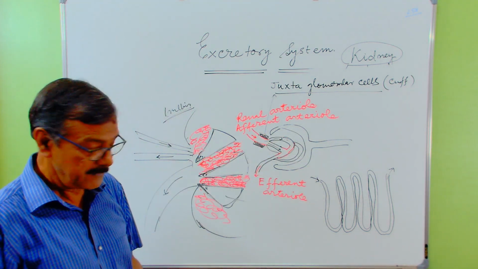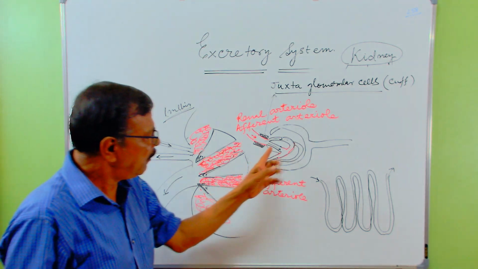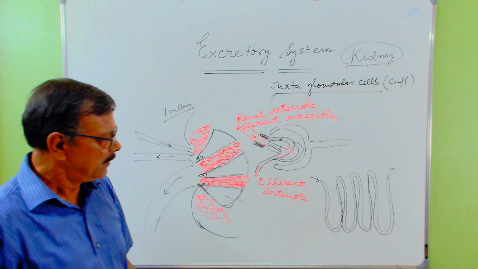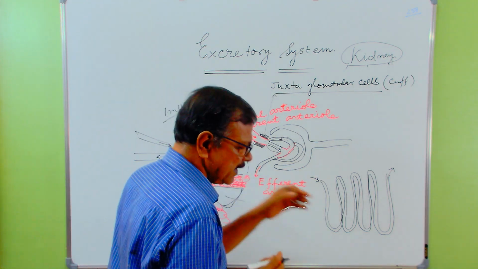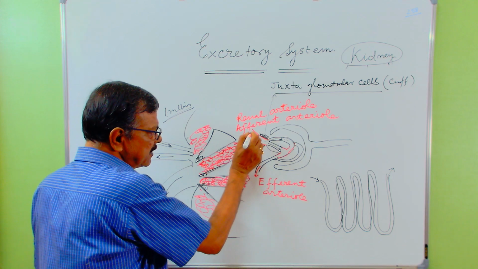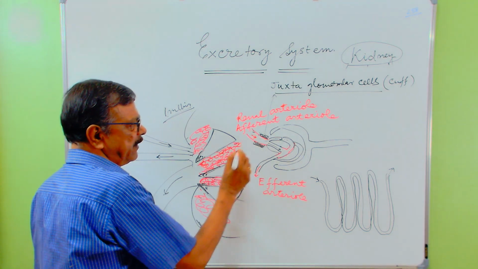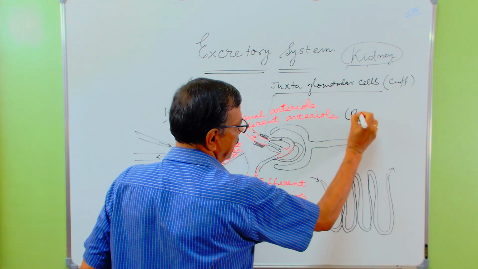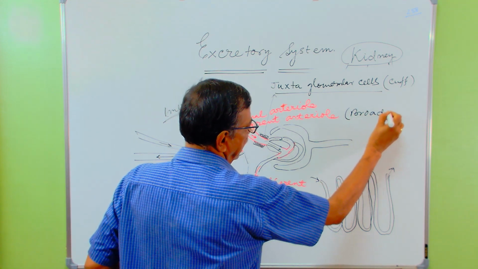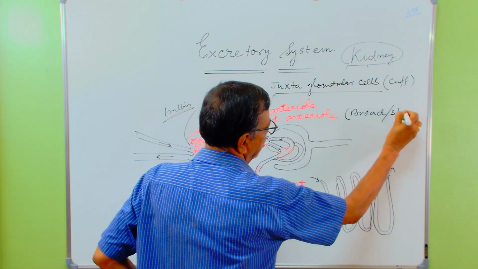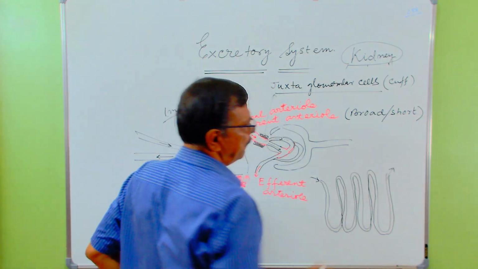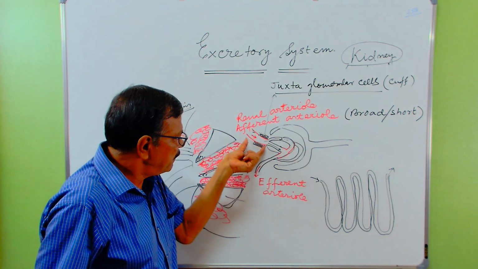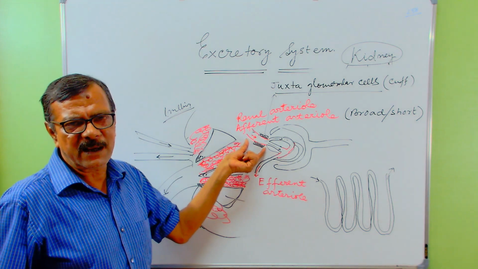It enters. Now, why will the blood filter? There should be some pressure inside. This afferent arteriole is broad and short. This bigger one is short in structure.